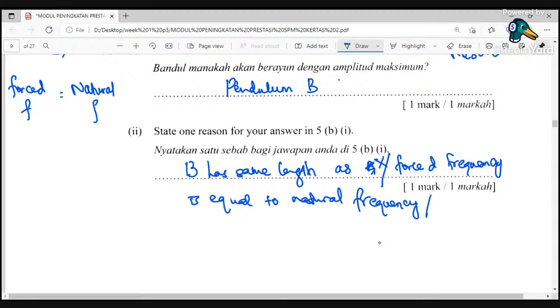Or we can say the B experience resonance.